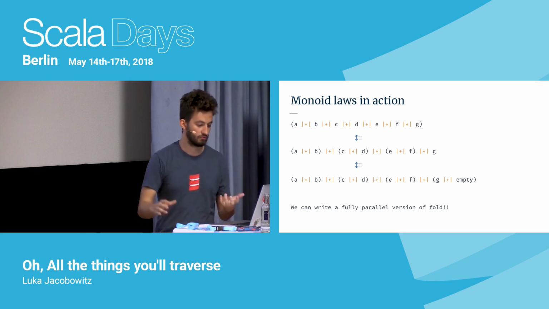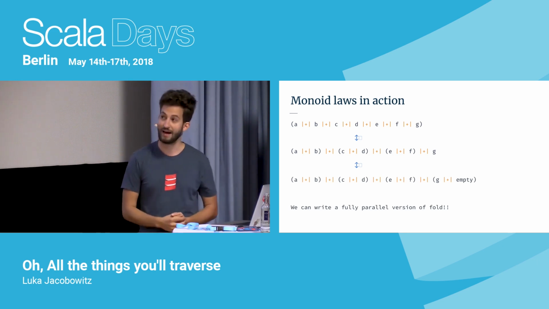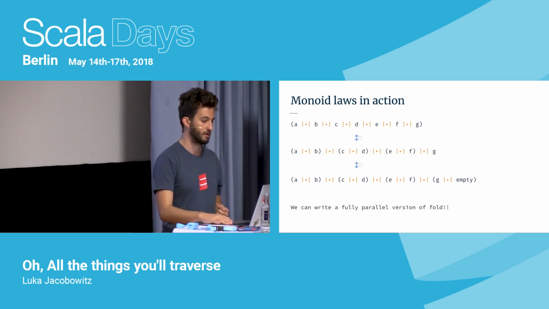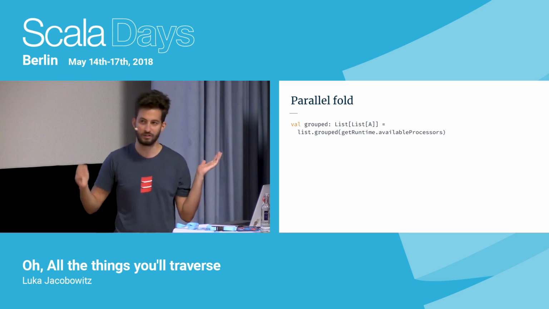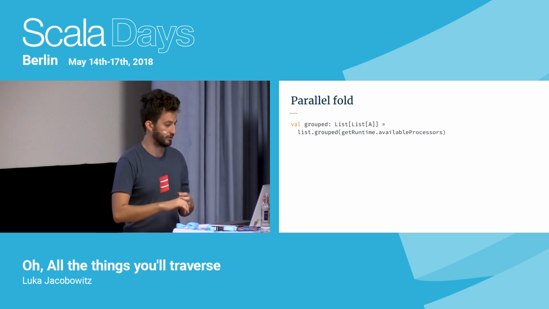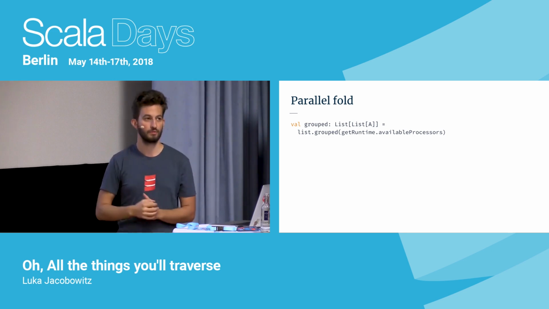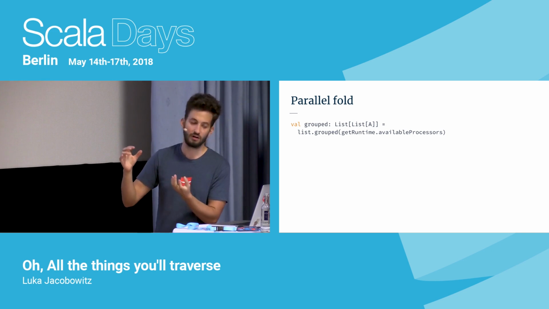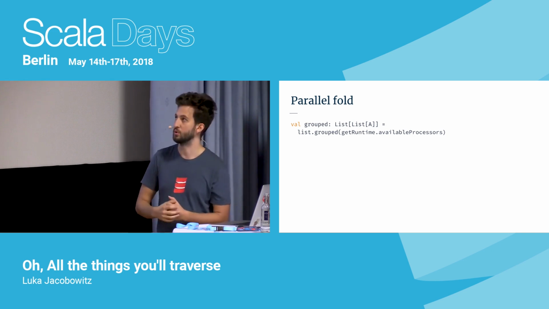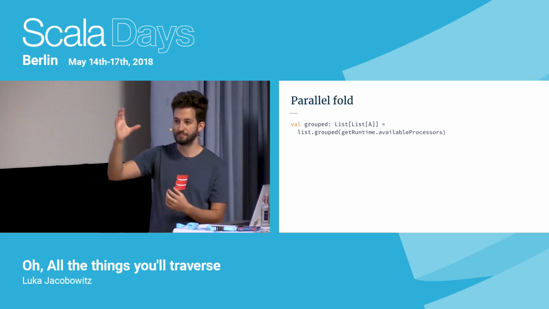So we can write a fully parallel version of something like fold. And that actually makes this really, really powerful. And I've got a quick example of how something like that would look. It doesn't work fully just like this. But for example, if we have a list of some A which has a monoid, then we can basically group it into groups of our available processors. So if you have like 8 cores in our computer, we could have a list with groups of 8.